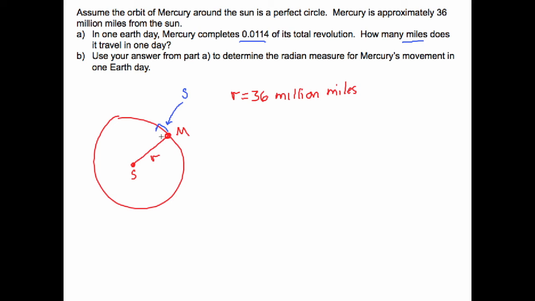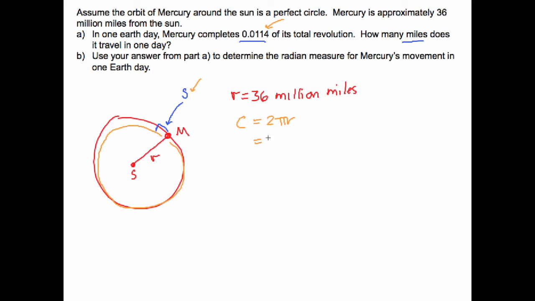So what I'll do is I'll find the circumference of this circle, which is the distance all the way around. The circumference is 2 pi r. And once I find that circumference, I'll multiply it by 0.0114 to find the actual distance that S would be.